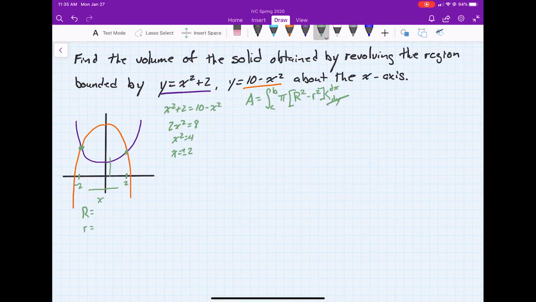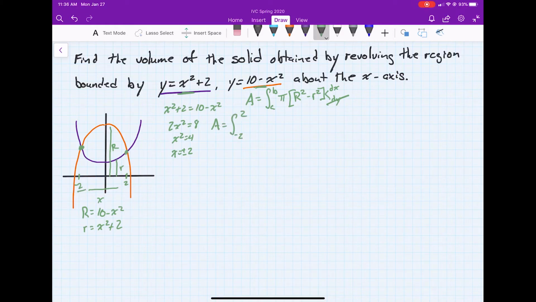So our big R goes from the x-axis, sorry, all the way up to the top part, and we know that's 10 minus x squared. And our small r goes from the same point up to the bottom part of our region, and that's x squared plus 2. So really, we just need to plug all of this information into our integral.